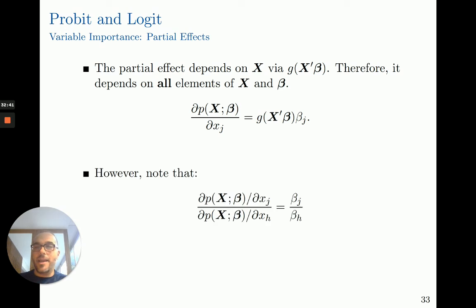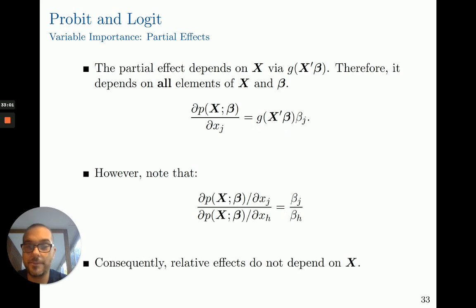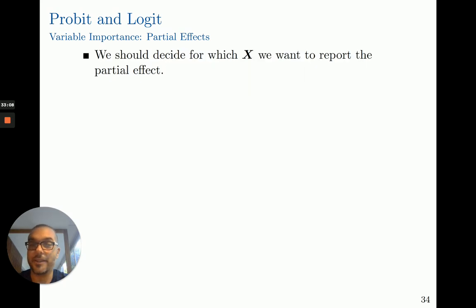If we look at ratios of the partial effects with respect to two variables, then this term cancels, and we have just the ratio of the betas, but these are of more limited importance. So relative effects do not depend on x, but absolute effects depend on x. So we should decide for which x we want to report the partial effect.